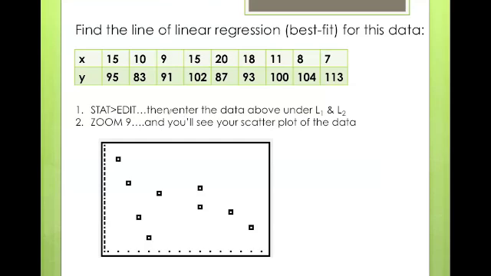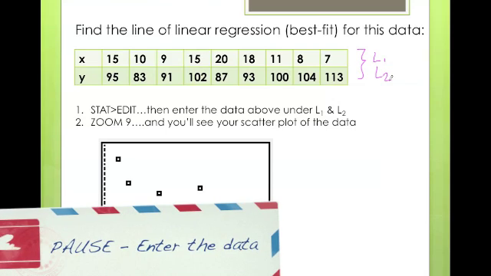Okay, let's try one. If you put this data under L1 and L2 in your calculator, using the Stat Edit button, and then hit Zoom 9, you should see this graph on your calculator.